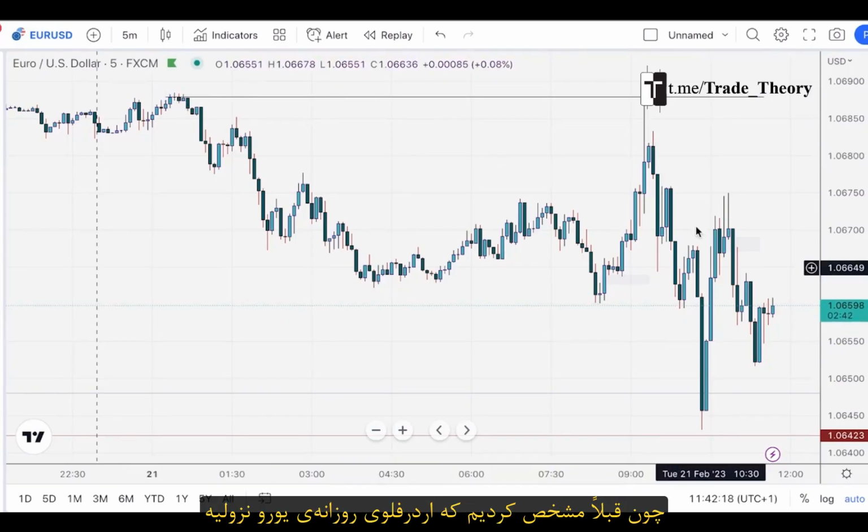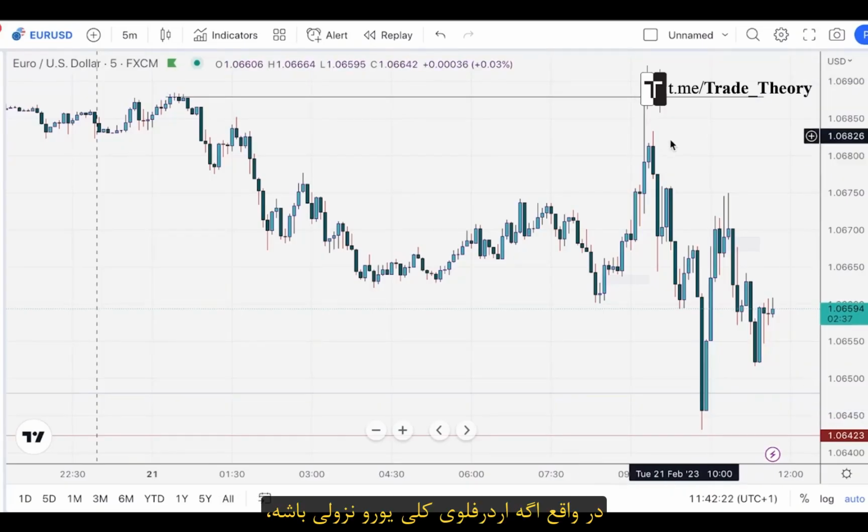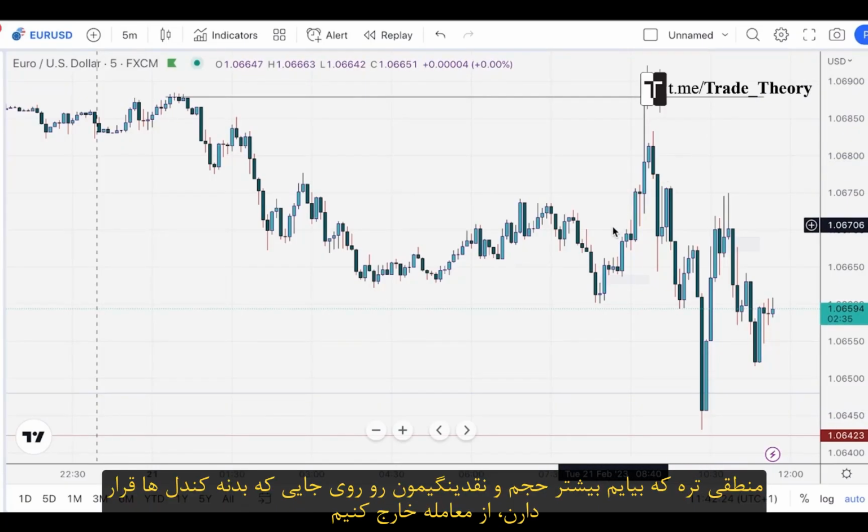Why? Because we've already defined that daily order flow on euro is bearish. So if daily order flow on euro is bearish, then it will make sense for us to scale out the majority of our liquidity or our volume at where the bodies of the candles are going to rest.